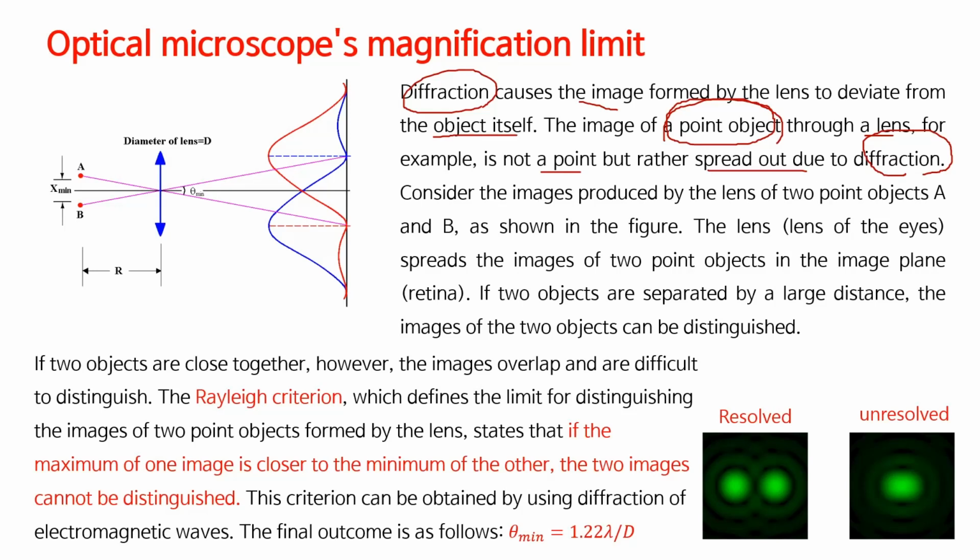Consider the images produced by the lens of two point objects A and B shown in the figure. There are two objects here, and this is the lens, and the image is formed here.